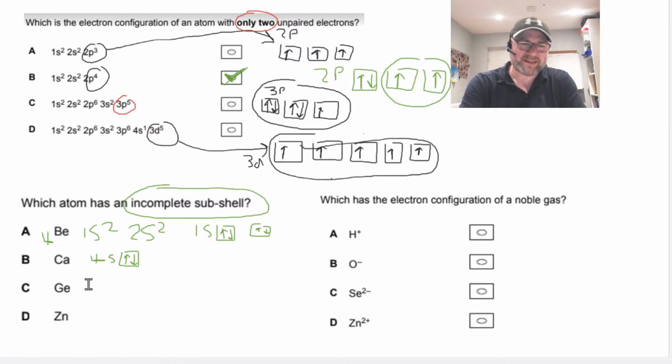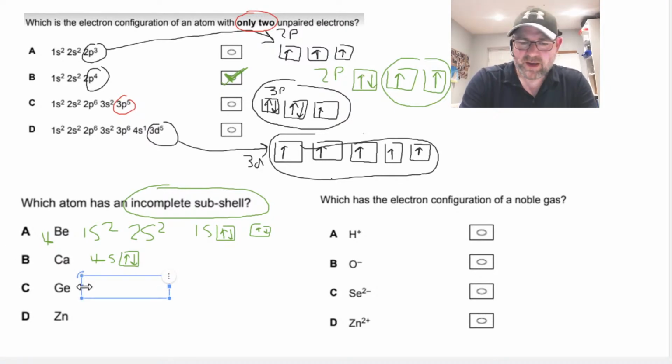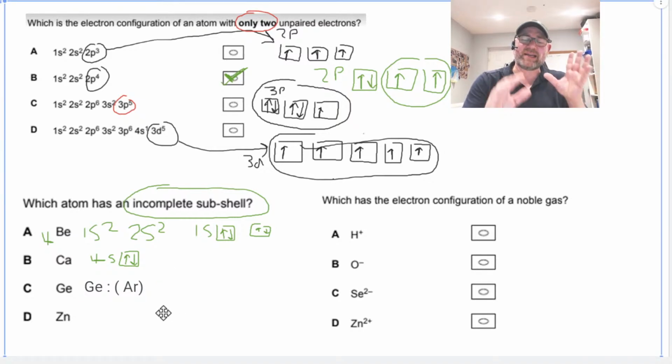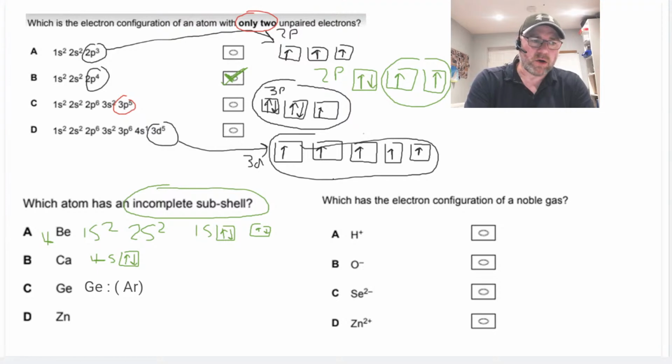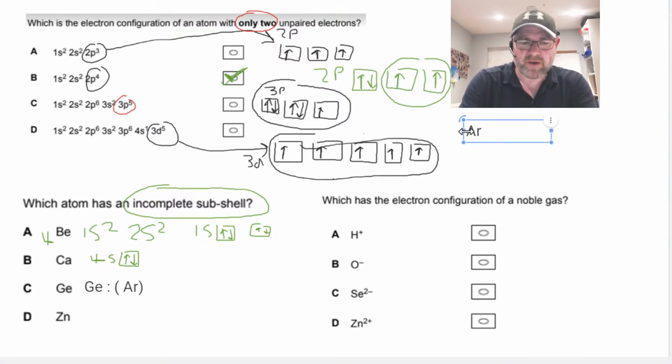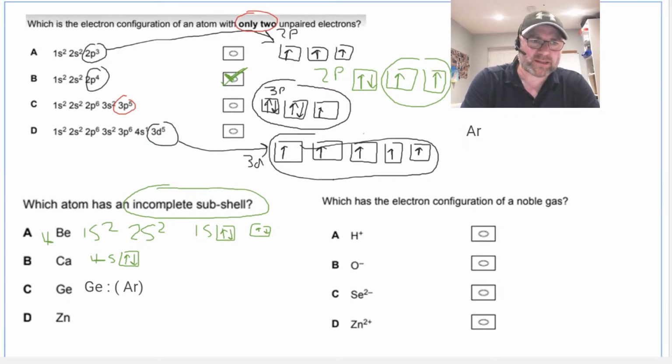actually write this. So for germanium, we can write the shorthand notation, which is to write Ar, and that counts as the first 18 electrons. We just say argon is the first 18. And argon, I'm just going to put over here, argon's electronic configuration is going to be like this.